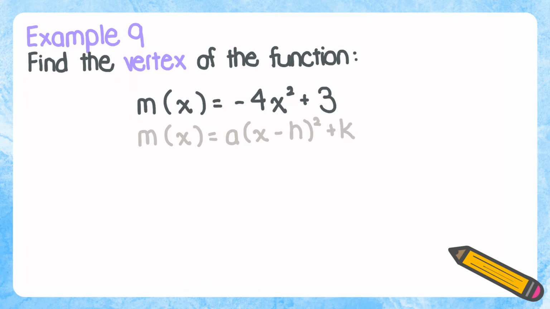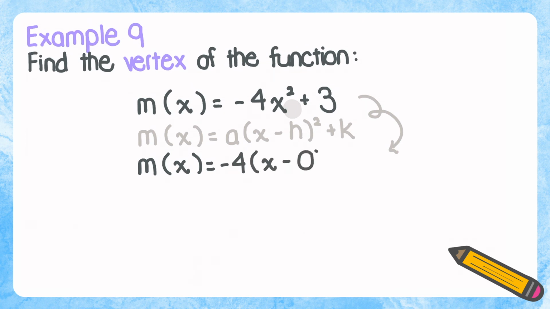Notice here I'm missing this whole minus h part, so let's rewrite the function. m of x equals negative 4 times parentheses x minus 0 quantity squared plus 3.